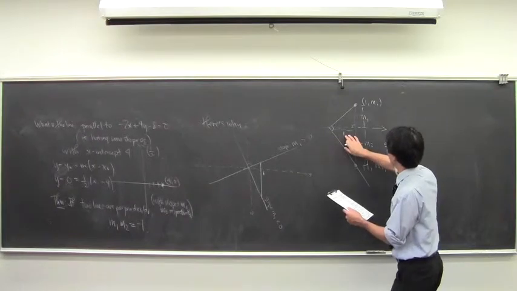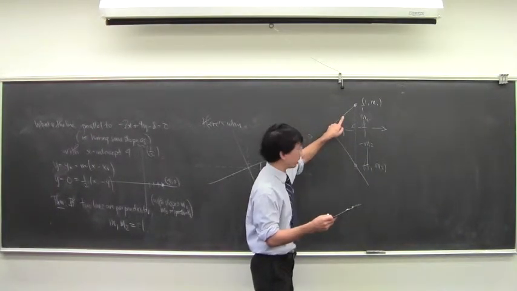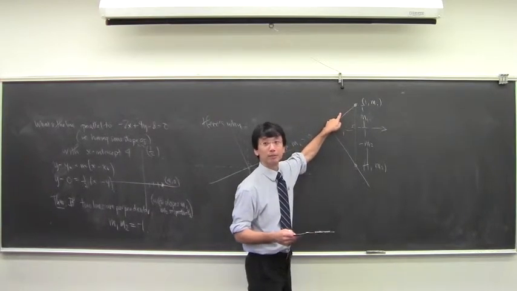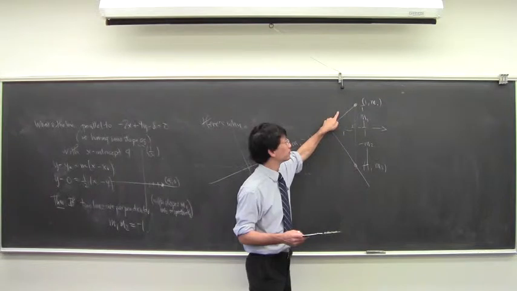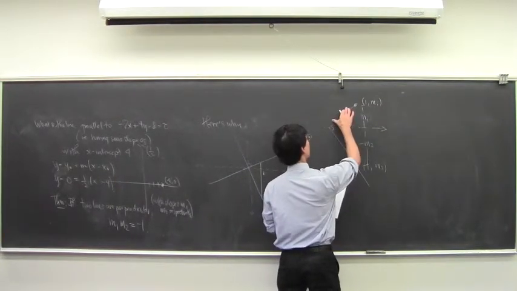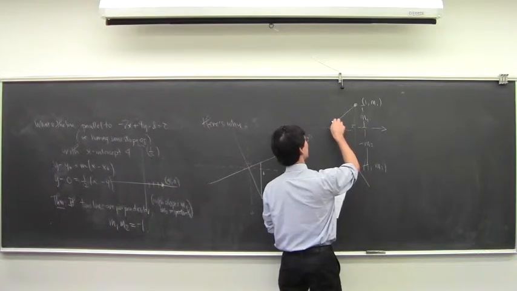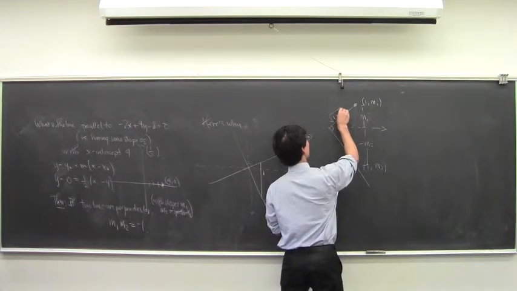So what's this length, Jennifer? If this is 1 and this is m1, what's this length here? It's the square root of 1 plus m1 squared.